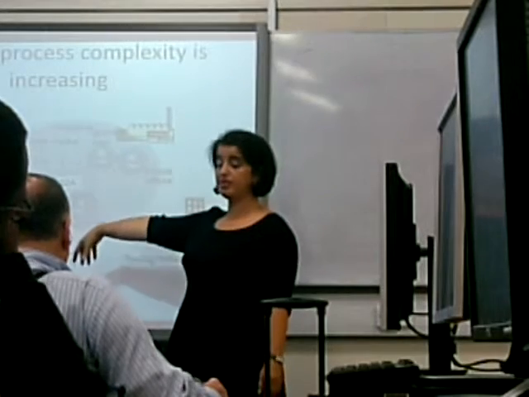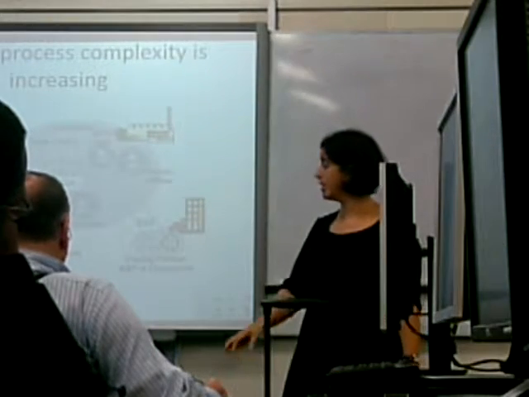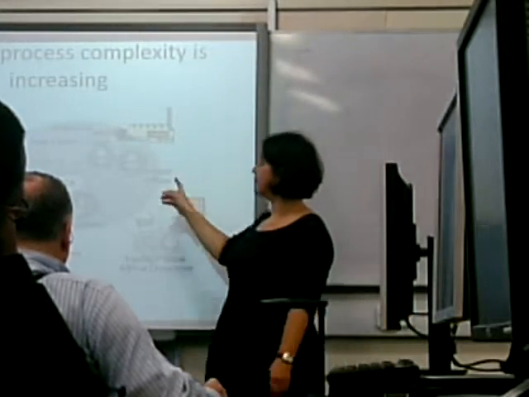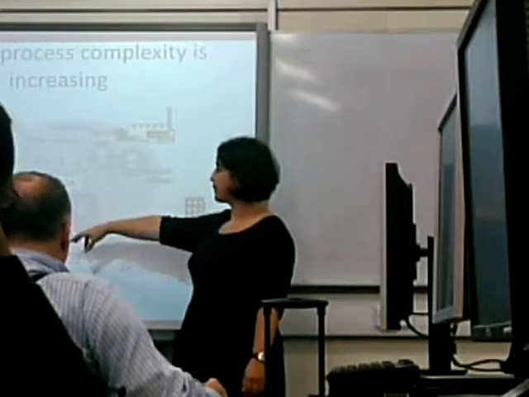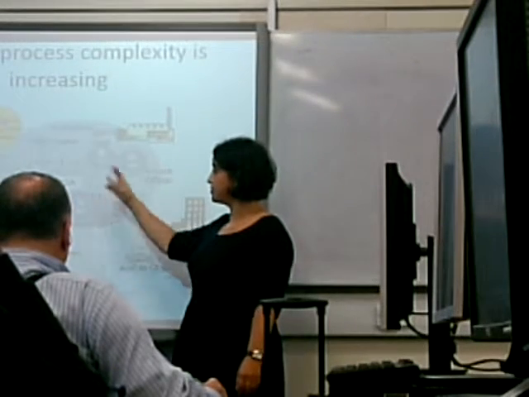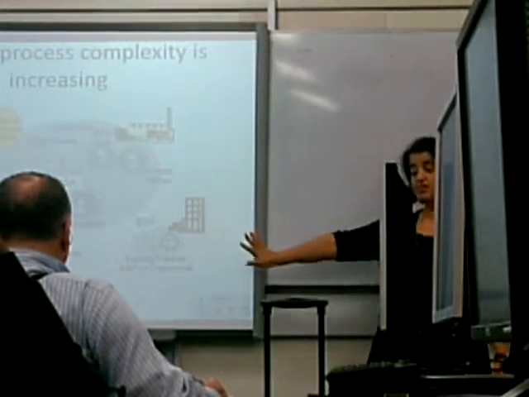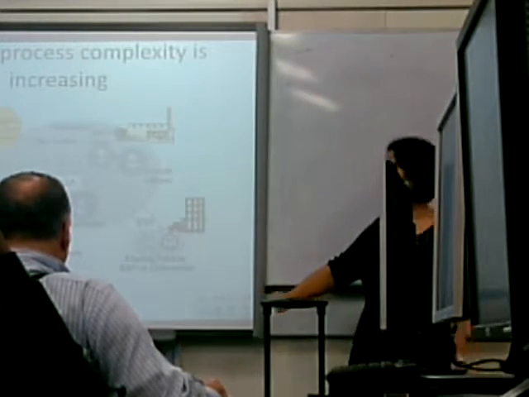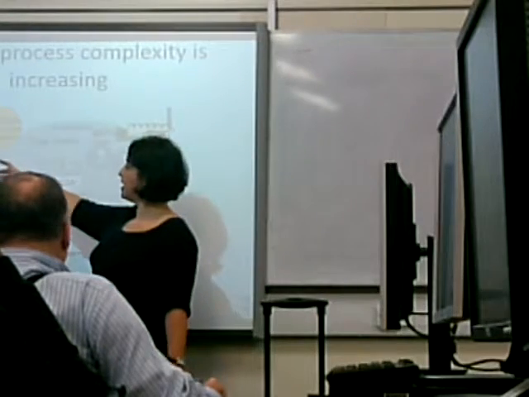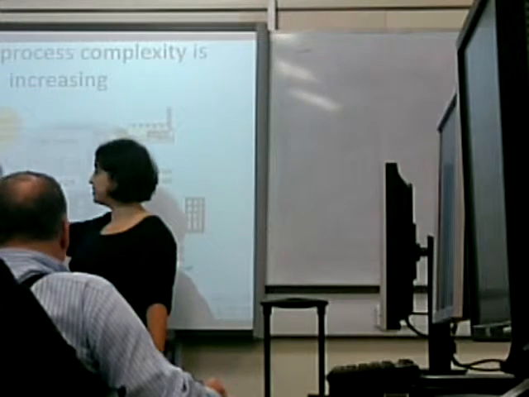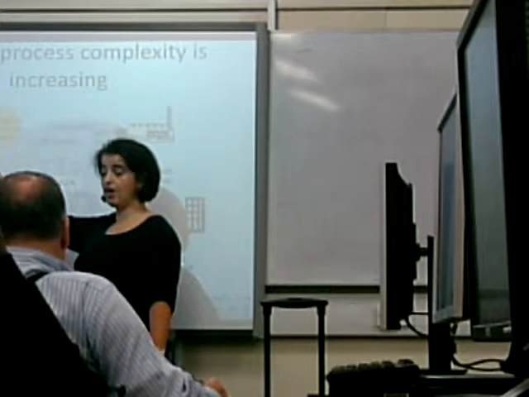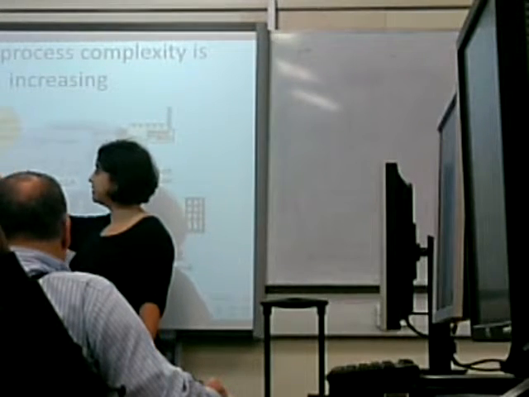Because of the different environment that we are in. A lot of enterprises have subsidiaries. They might be outsourcing some part of their business. They will do business online, so they might have B2B business.